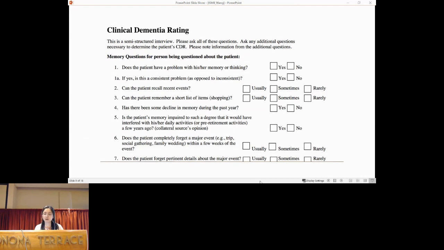Can the patient recall recent events? Can the patient remember a short list of items? These questions actually test patients' ability, whether they have a long-term memory issue or a short-term memory issue. So these are very key concepts in the taxonomy we included.